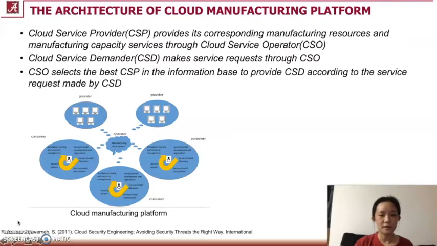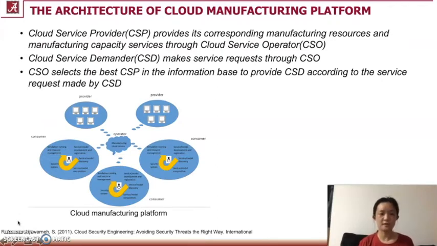The cloud service provider will provide its corresponding manufacturing resources and capability services through the operator, and the cloud service demander makes service requests through the operator. Based on the service requests, the operator will select the best one in the information base.